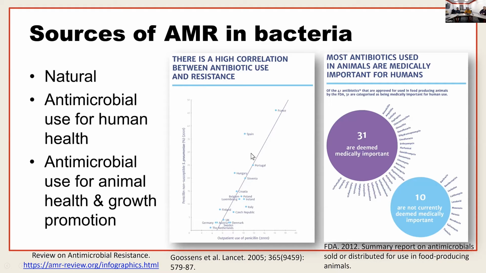On the very right side, the bubble chart shows FDA data: among 41 different antibiotics approved for animal or livestock use in the United States, 31 are identified as medically important for human use. With that situation, it might compromise the treatment efficacy if we use the same class of drugs to treat human disease.